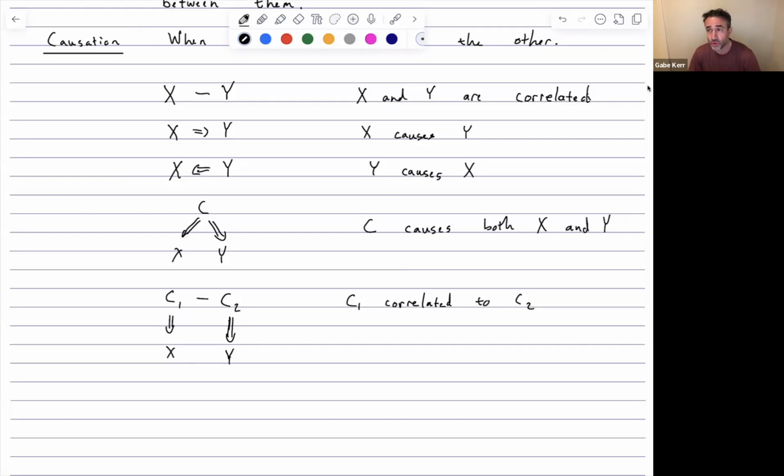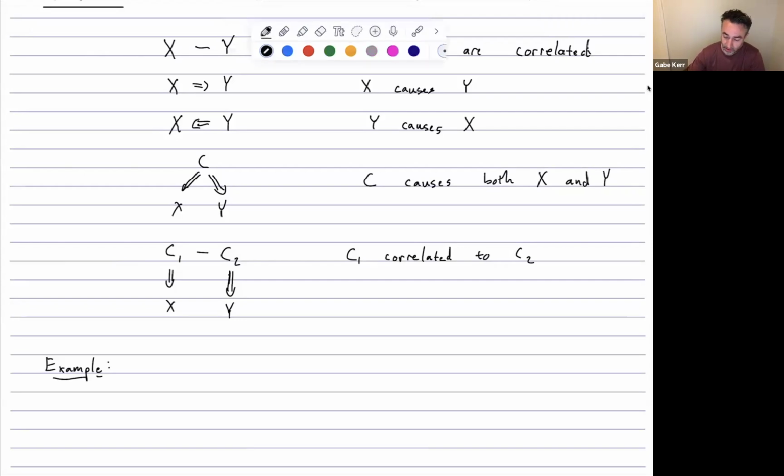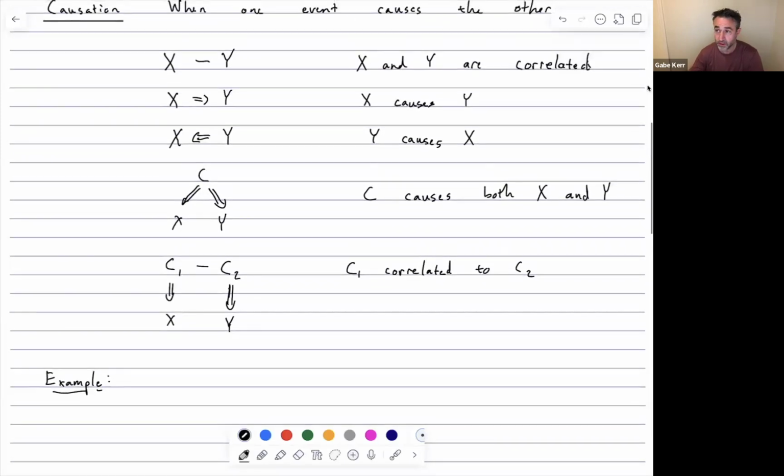But even establishing a correlation can be delicate. There is an example in the book, and I'll briefly mention it, about a National Institute of Health study on coffee consumption. And I have my coffee right here. So I would like to discuss that study.